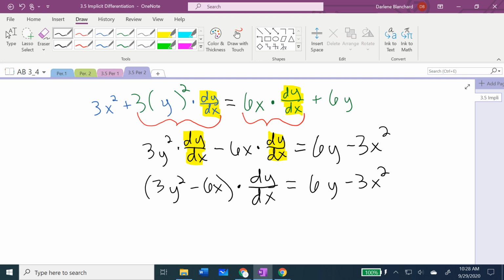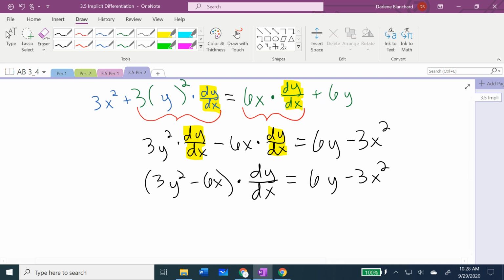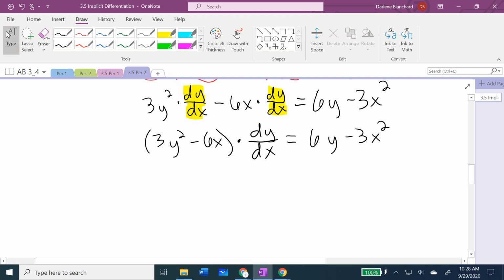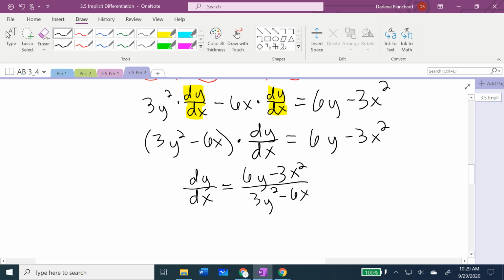What's that one step? What is the one thing you need to do? It could be just one word. Divide, yes. Divide and you're done. You may want to simplify after that, but you have isolated dy/dx. You can call it a day at that point. You have found dy/dx.